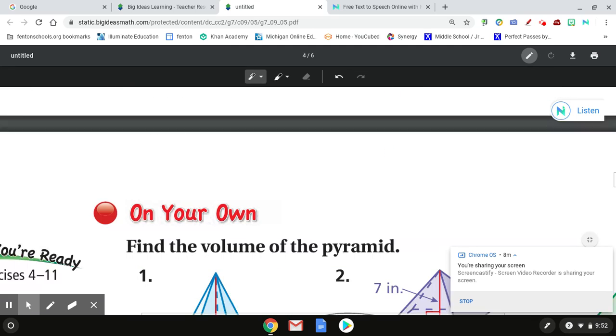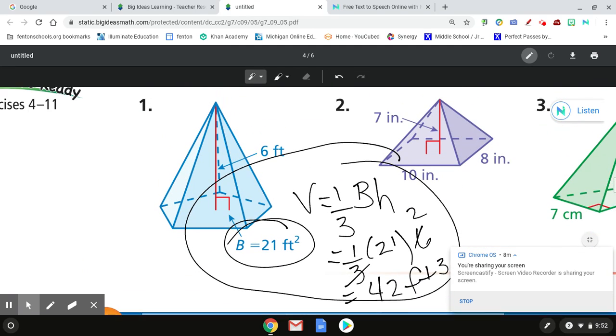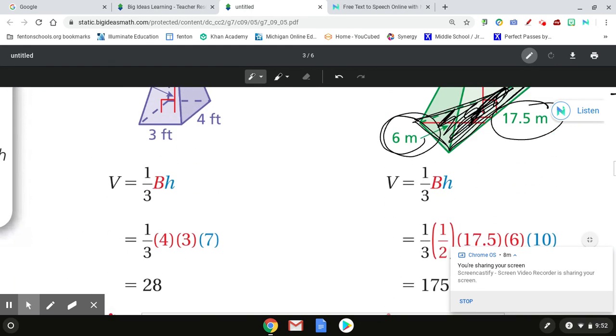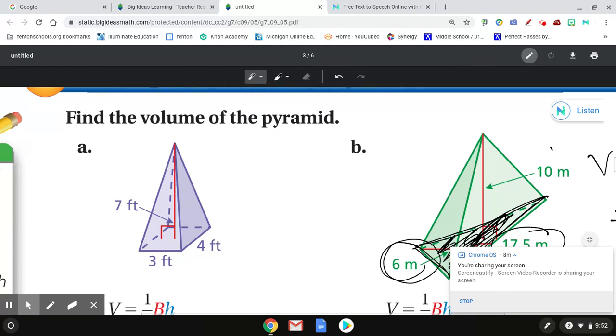And sometimes, like in this example here, the base area is going to be given to you, and then when you multiply it by that height, that's your third dimension, so that's why the volume is cubed.